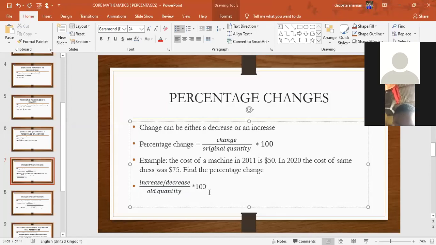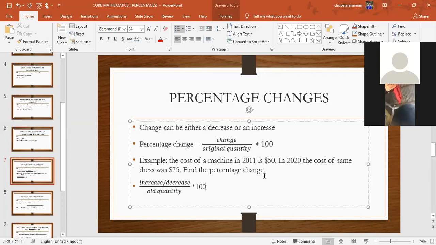So the example here: the cost of a machine in 2011 is $50. Forgive me for using dollars. We are in Ghana, but I'm using dollars. So the cost of a machine in 2011 is $50.